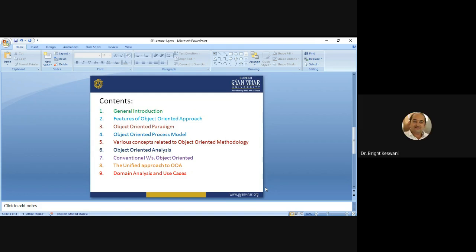So the last and eighth point of this presentation is the unified approach of object oriented analysis. The analysis and design tools were proposed by some scientists like Booch, who presented this object oriented approach, and Jacobson, who presented it as well, and it is a very different approach.